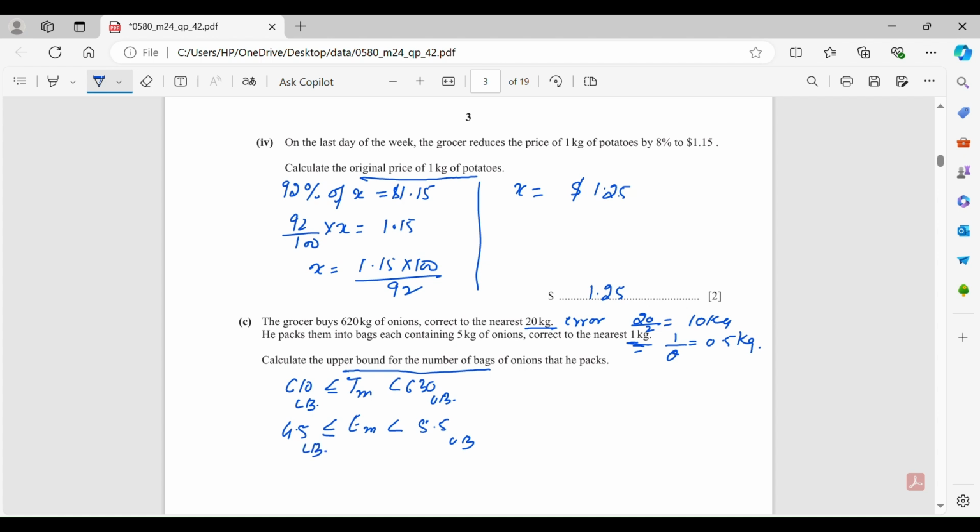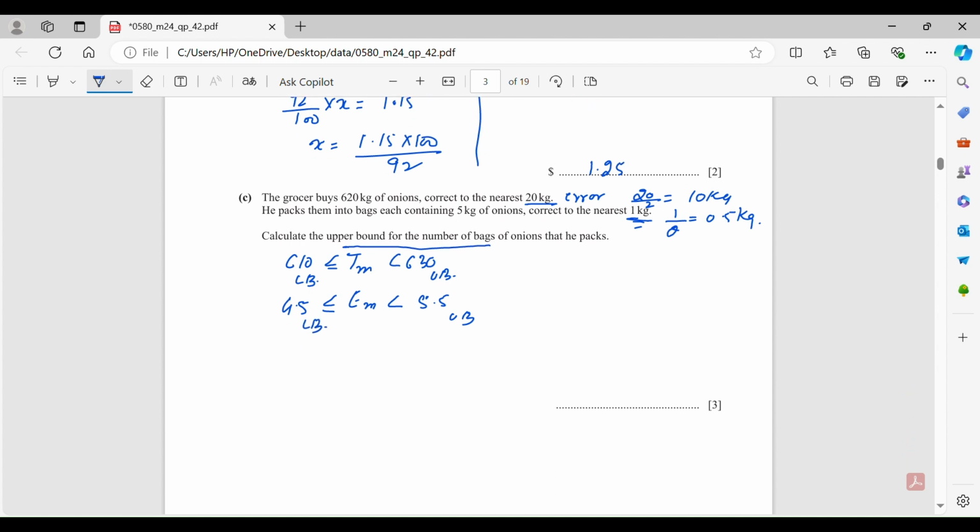Now we have to find the number of bags, that is the upper bound. This will be equal to the total mass over the mass each bag contains. Here this will be the upper bound, this will be the lower bound.